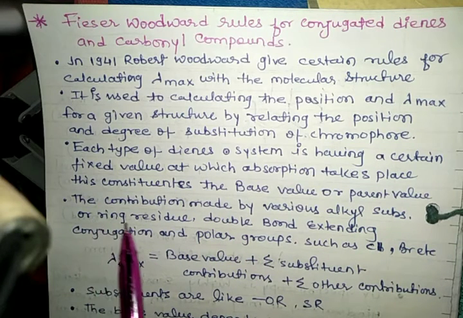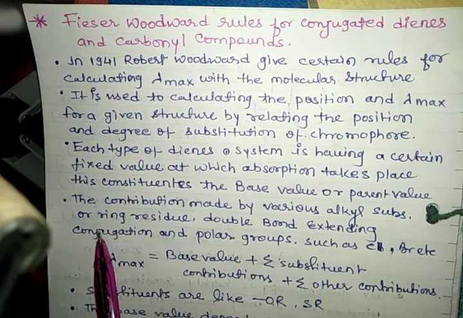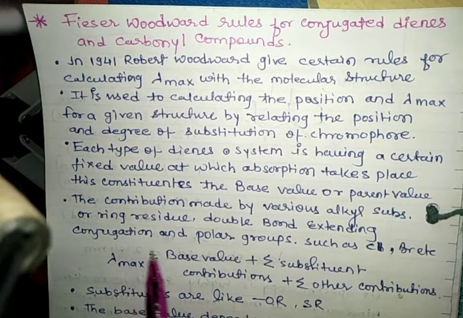Next point is the contribution made by various alkyl substituents or ring residues, double bonds extending conjugation, and polar groups such as chlorine, bromine, etc. So how do we find lambda max? Lambda max is equal to base value plus summation of substituent contributions plus summation of other contributions.